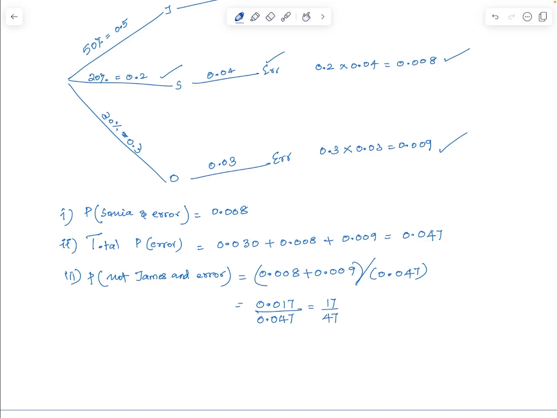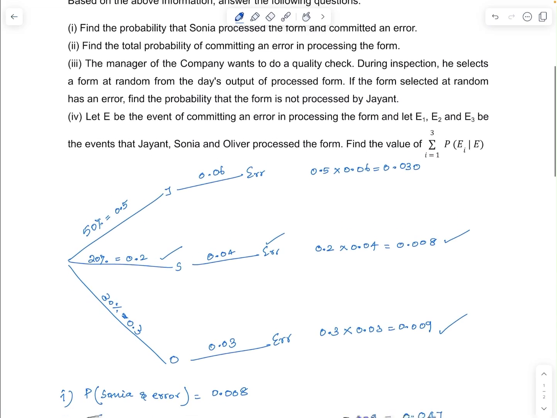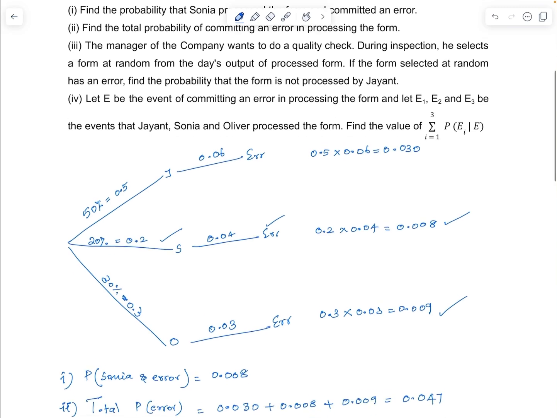Question number 4. Let E be the event of committing an error in processing the form, and let E1, E2, E3 be the events that Jayant, Sonia, and Oliver processed the form. Find the value of summation i equals 1 to 3 P of Ei given E. Okay.